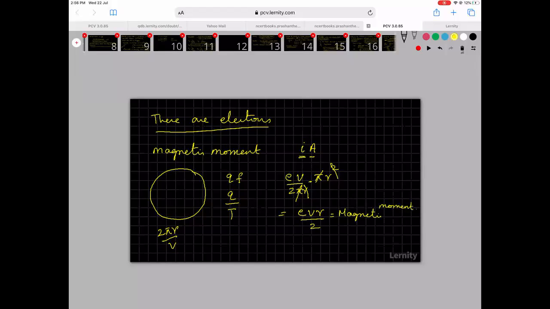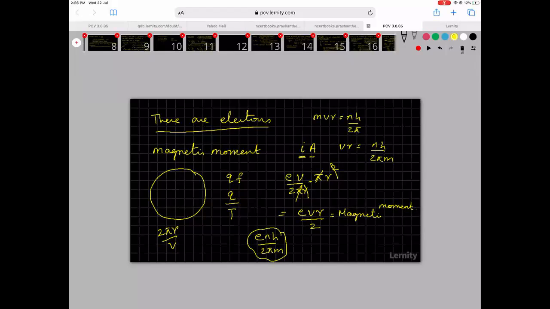Now, because it all follows Bohr's concepts, I have MVR equal to NH by 2 pi. So from there I can say VR is equal to NH by 2 pi M. So I substitute, so it becomes ENH by 4 pi M. Okay, so Ashwin, let's take it from here.